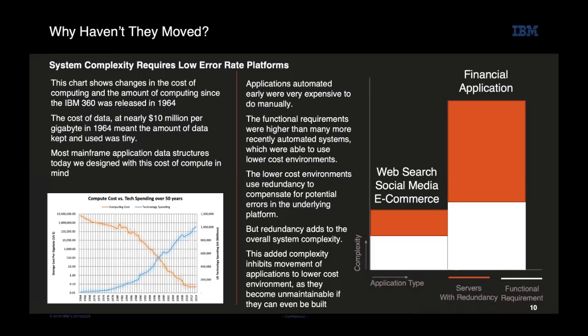But financial applications don't deal with just today's transactions. Financial systems have to build balances, and balances incorporate what history has done to that same data. So you have this historical aspect on financial applications, and the accuracy required is very high.